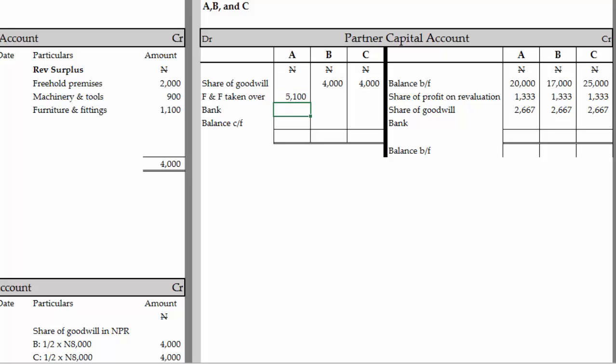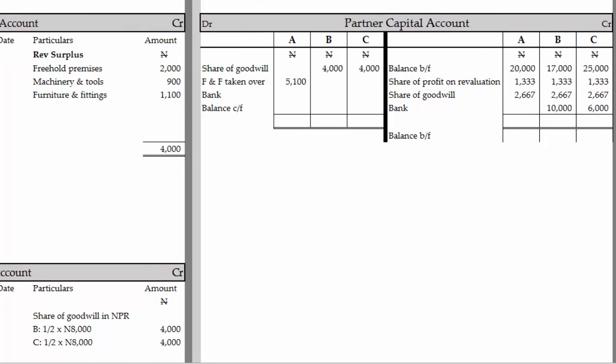We were also told that B and C were to contribute additional capital, B contributing 10,000, while C contributing 6,000. And for that, we said we'll debit the bank account and credit the partner's capital account. So let's credit the partner's capital account. So we will have bank. For B is 10,000 and for C is 6,000.